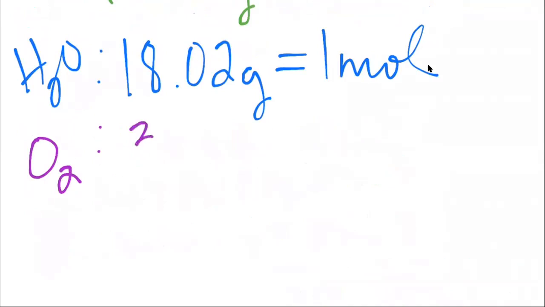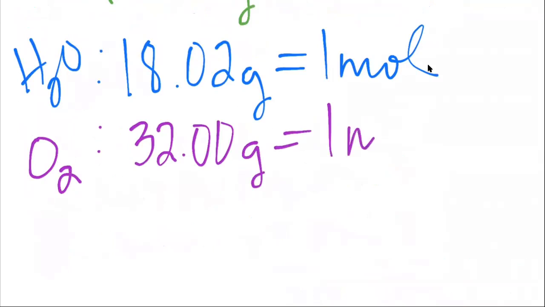So really that's 32 grams equals 1 mole. So whatever substance you have, after you calculate its molar mass, that many grams equals 1 mole.